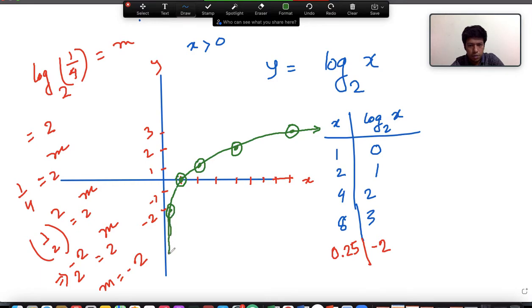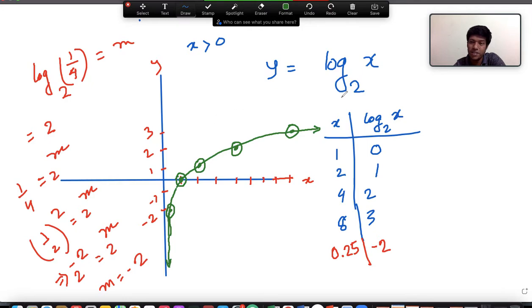This will come closer and closer to the y line, but it will not cross this line because we know that the x value cannot be negative. X value will not be negative here. Okay, so that's why the graph will not go to the other side of the y line.